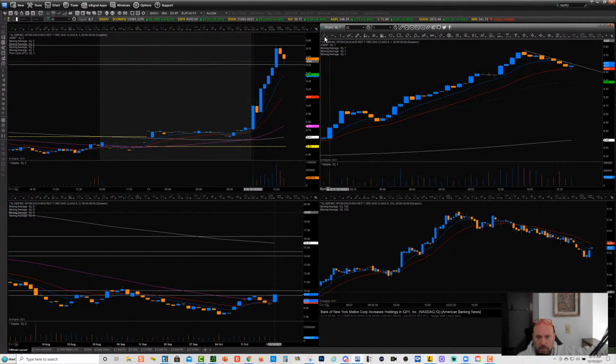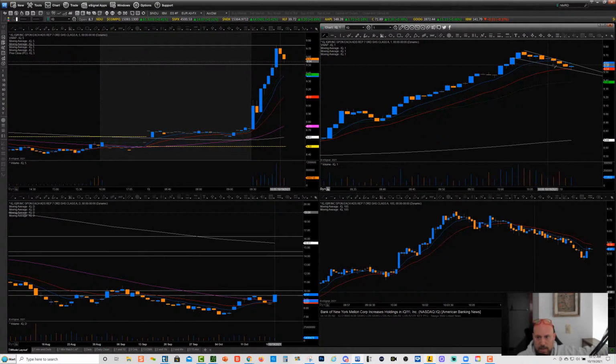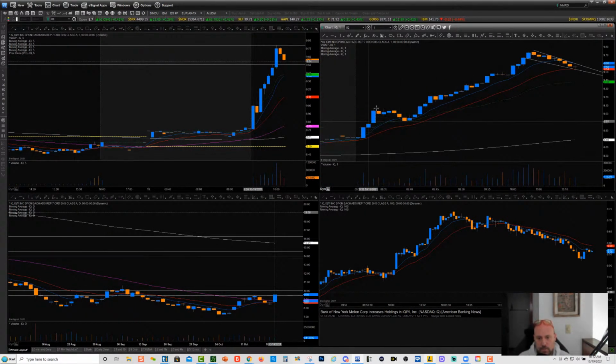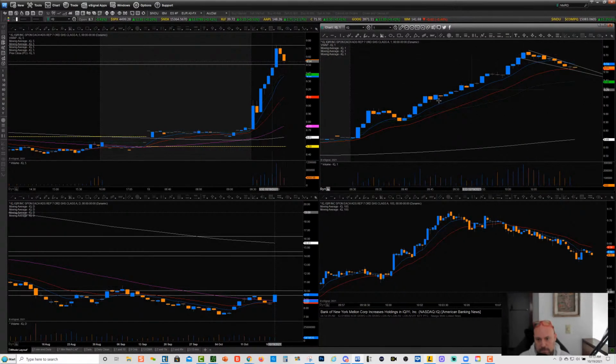I'd be less concerned than I would with a lower float stock. Many times with these higher float stocks, you'll see they just grind. So this move up, then that holds and then just that nice grind up like that. This is what I really like to see.